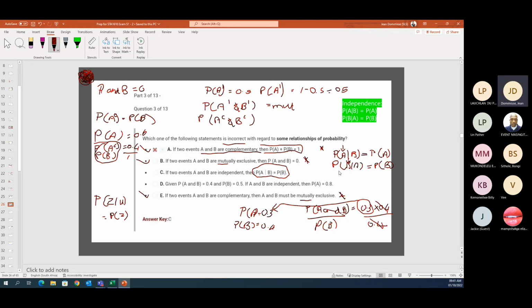If it's swapped around, then it is again the first letter, which is B. So that one was the incorrect one, but let's look at this as well. So probability of A and B was equal to 0.4, and probability of B is equal to 0.5. If A and B are independent, then probability of A is 0.8.